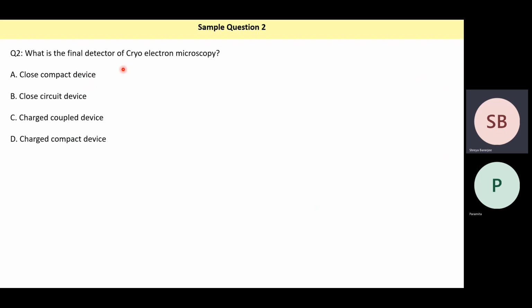The next question is: what is the final detector of cryo-electron microscopy?